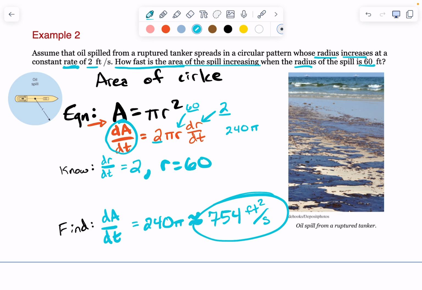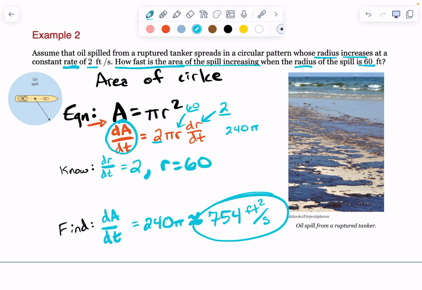Now, this is the thing to note. Ready? Okay. The thing to note is that the area will not always be increasing 754 square feet per second, because kind of like the volume of a balloon, it's probably going to increase really fast and then it's going to slow, right?